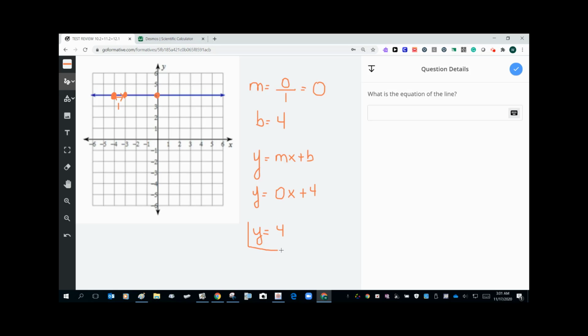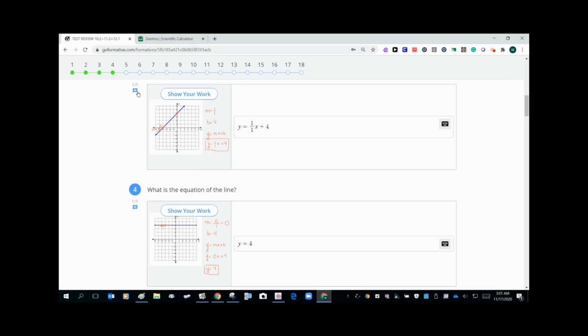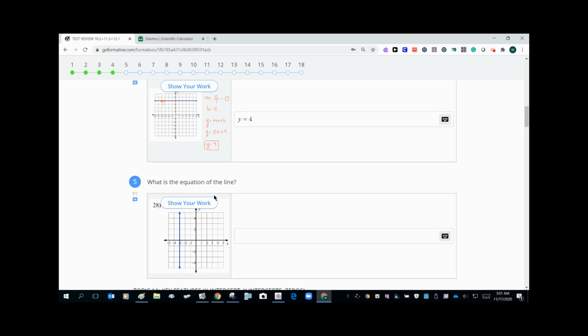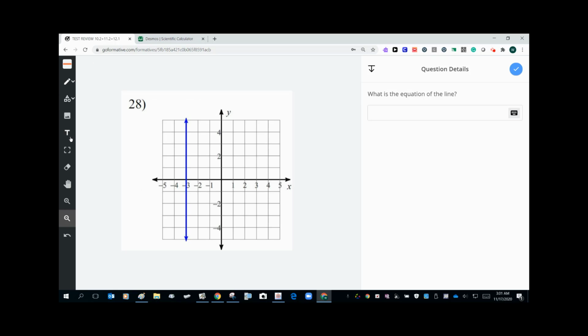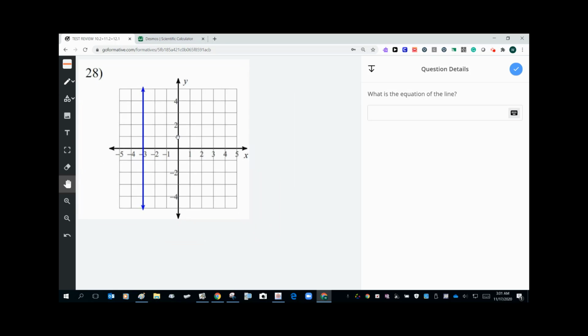So our final answer is y equals 4. So we write y equals 4, check mark, and we get a green light. Awesome. Next problem. Let's make it smaller. Let's move to the corner.